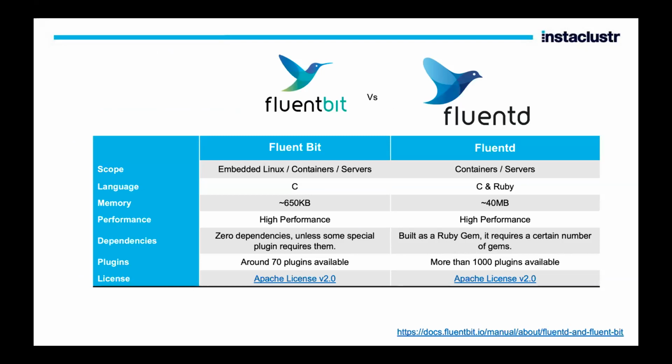What is basically the difference between Fluentd and Fluent Bit? You will hear about these quite often, but just to elaborate, Fluentd was originally started as a tool for capturing logs from different places. It's a huge project, has 1,000 different plugins. You can get everything, but one of the drawbacks is that it's very heavy.